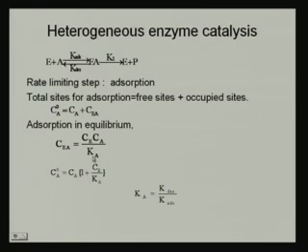Then you can go back like we did last time and substitute the equilibrium relation over here and get a relationship between Ca naught, Ca and Ce. And Ka here is the adsorption equilibrium constant, which is the desorption rate constant over the adsorption rate constant. The final thing you will get is Ca in terms of the free sites, the total sites and the amount of enzyme.